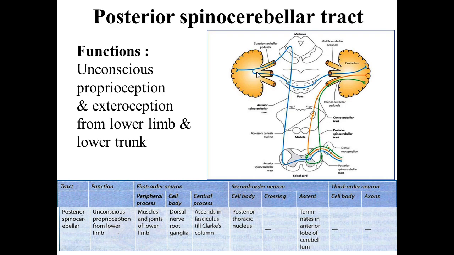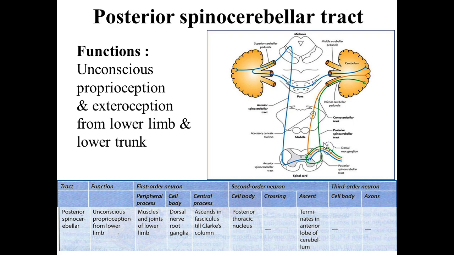Now in this picture, this green line indicates the posterior spinocerebellar tract. The peripheral processes of the first order sensory neuron arise from the muscles and joints of the lower limb. They enter the dorsal root ganglia.